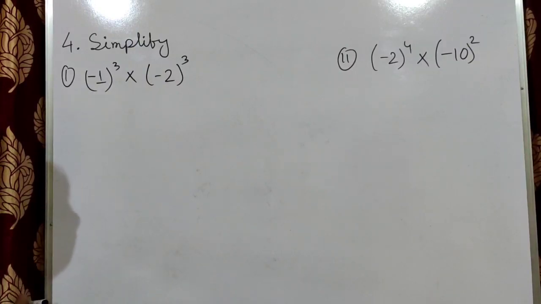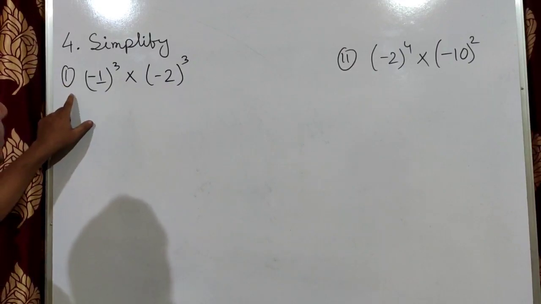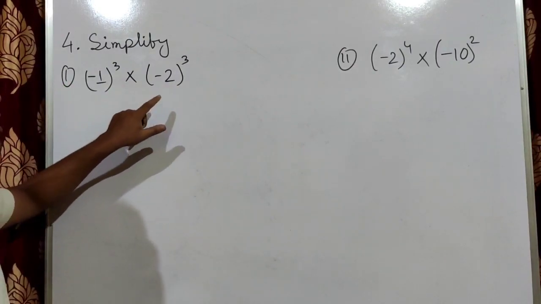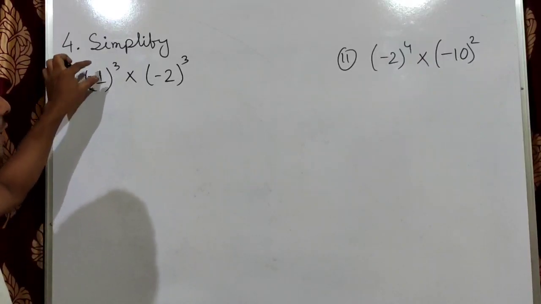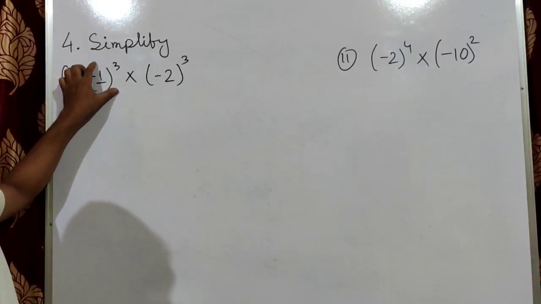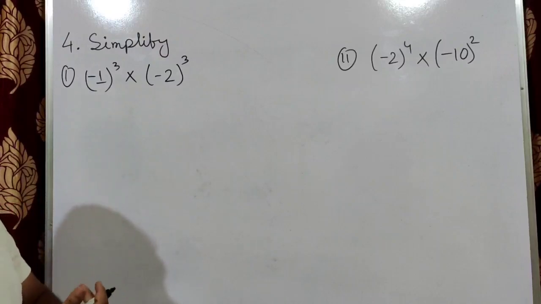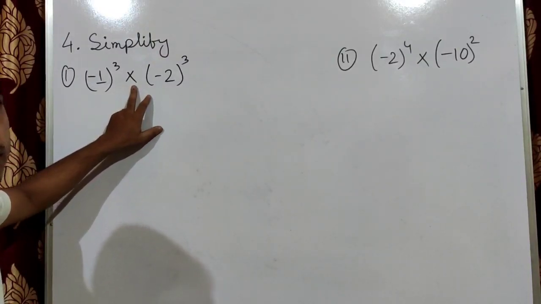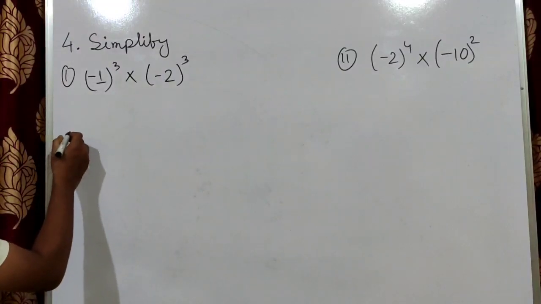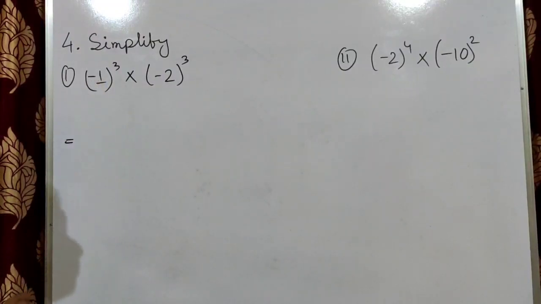So here the fourth question is simplify, and Roman number 1 is minus 1 cube into minus 2 cube. So we have to first find the usual form from the exponential form, and then we have to simplify according to the question. That is, here we have to multiply each of them. So minus 1 cube means what?